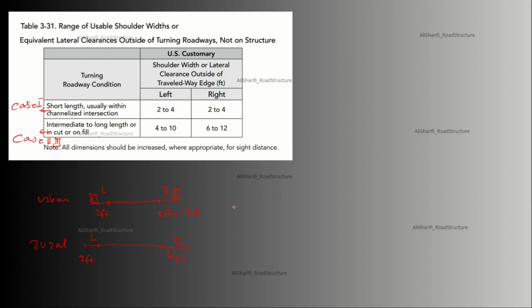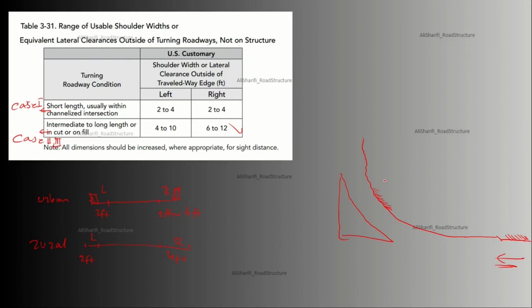For longer turning roadways, as a rule of thumb, the same shoulder width on the approaching road or street should be provided on the right side of the turning roadway. So the shoulder width will depend on the functional classification of the approaching road or street, and also the proportion of trucks and ADT.